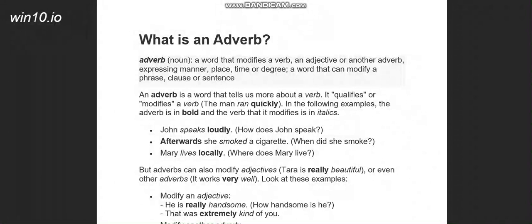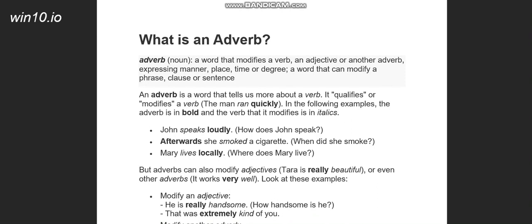Students, in the last class, that means in yesterday's video, I shared the adjectives video so that you can revise and note how adjectives describe the noun. So, we have learned about nouns, pronouns, and adjectives. Adjectives are basically words which describe nouns.